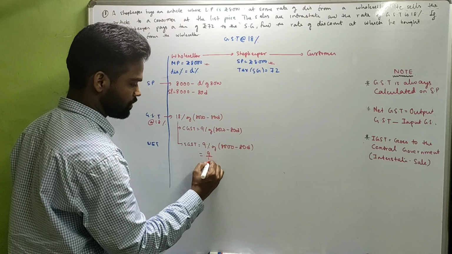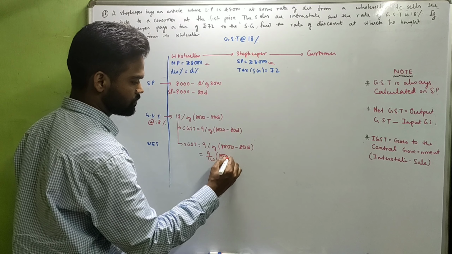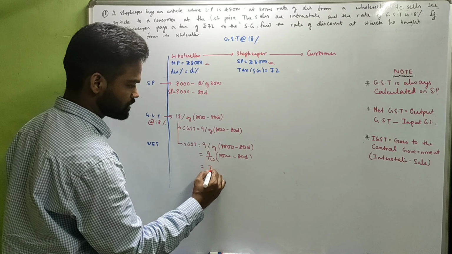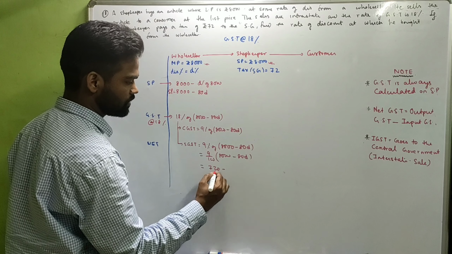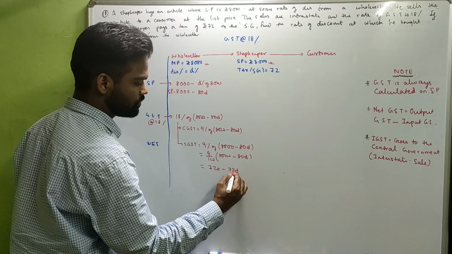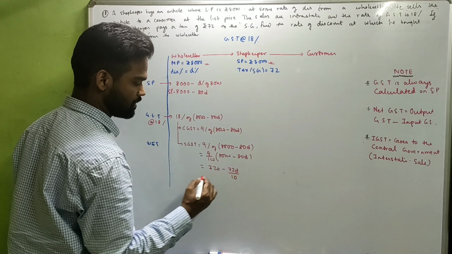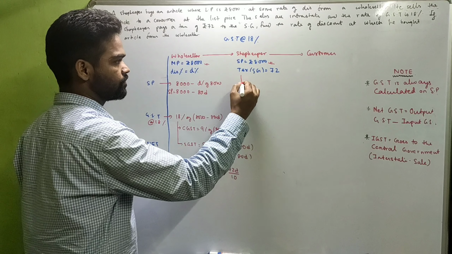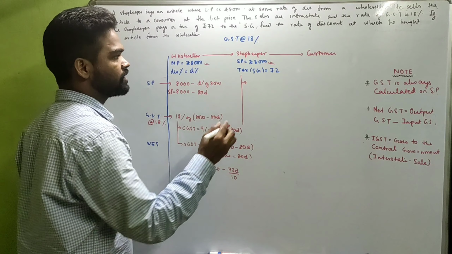I'll just open this. 9 by 100, 8000 minus 80D, which gives us, when you open the bracket, 720 minus 72D by 10. Am I clear?